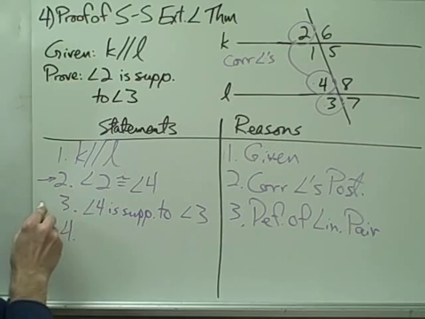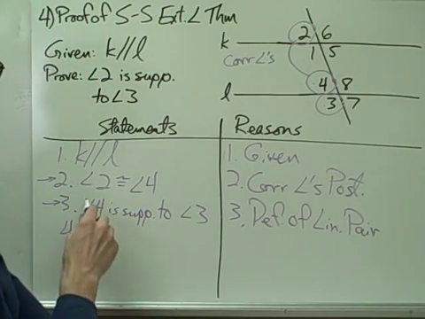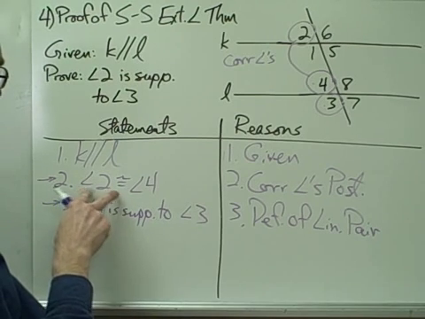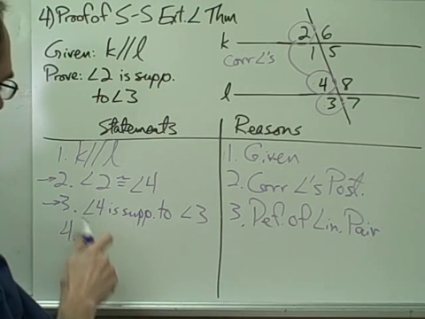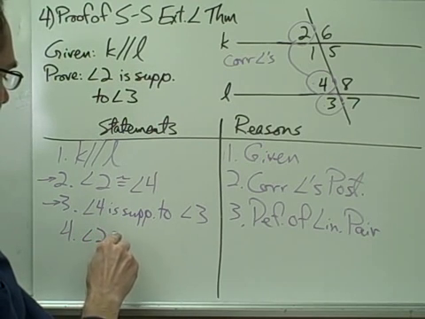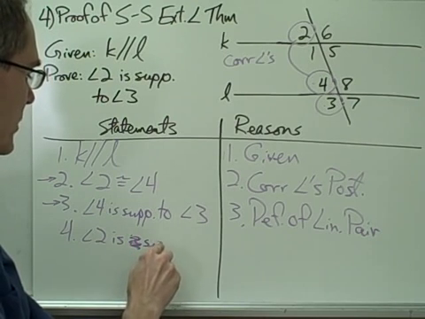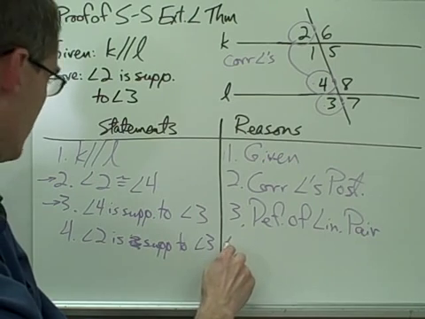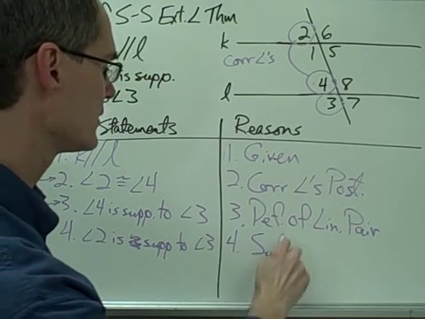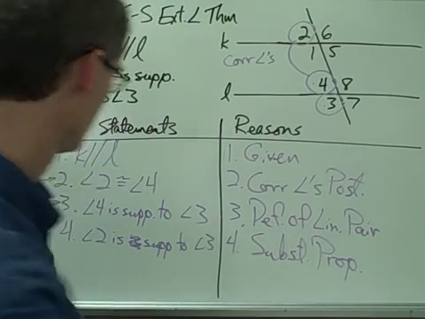Finally, I'm going to take these two statements, statement 2 and number 3, and put them together using the substitution property. Since angle 2 is congruent to angle 4, I can substitute angle 2 for angle 4, and I have angle 2 is supplementary to angle 3, and that's by the substitution property of congruence.